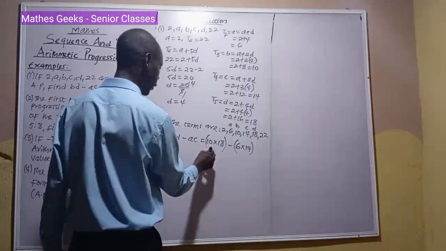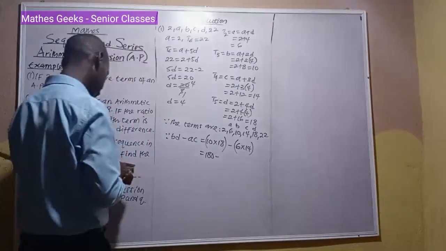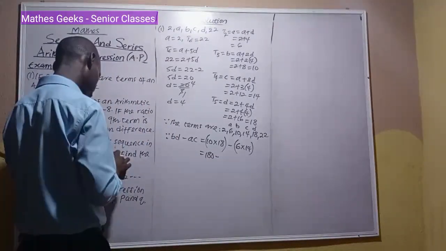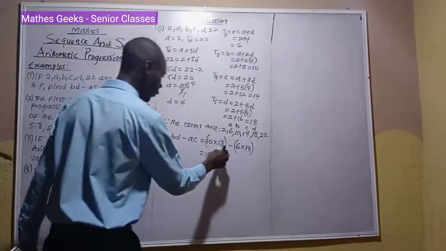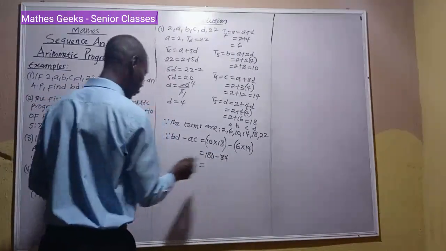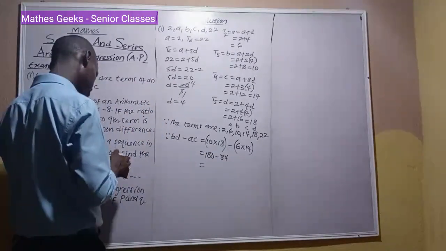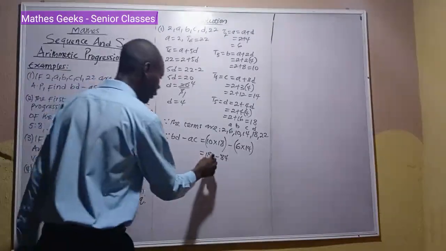So 10 times 18 is 180 minus 14 times 6, 84. And so 180 minus 84 is 96.